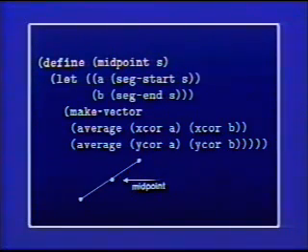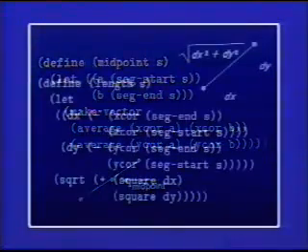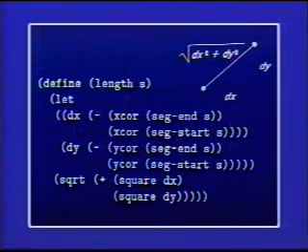And then similarly, we can build something like the length of a segment. Right, we use Pythagoras' rule. The length of the segment is the square root of dx squared plus dy squared.